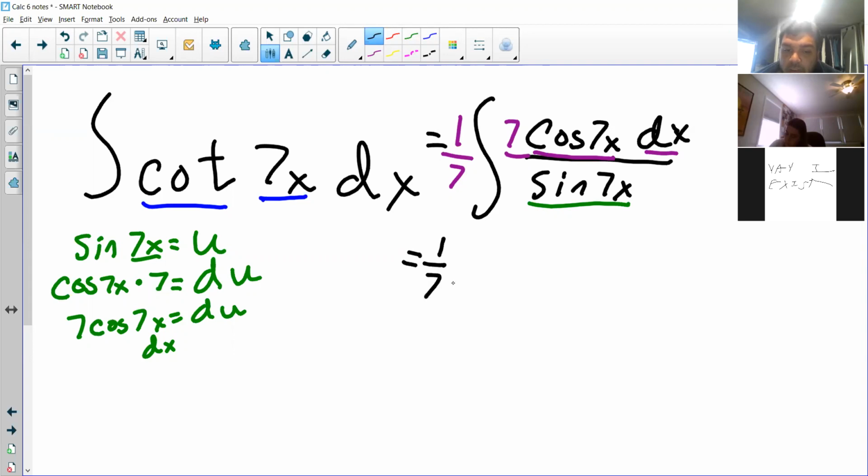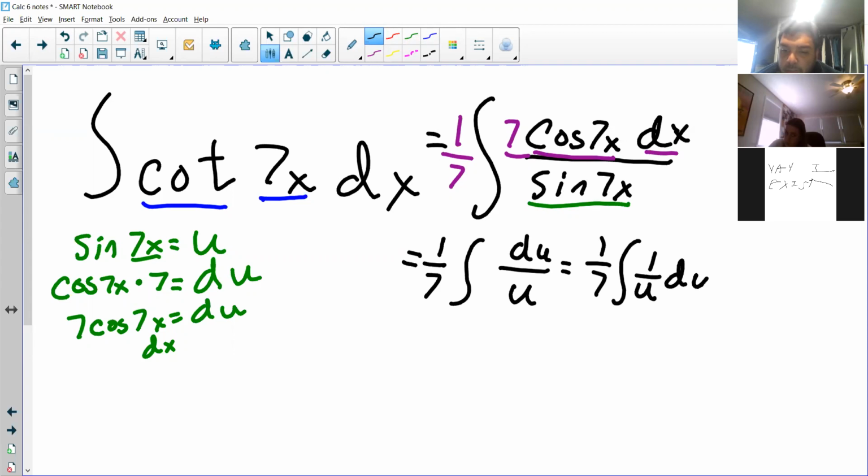So 1 over 7. I could change my sine 7x into u, and I could change all my purple underlined stuff into du. You could also technically write it like this, which might be a little bit more clear: 1 over u du.